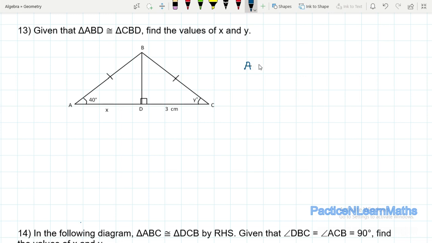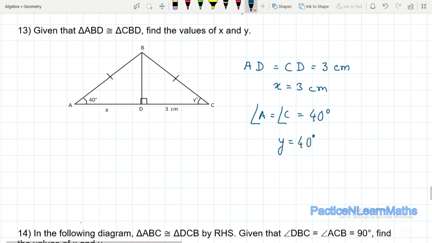So, we can say AD is equal to CD is equal to 3 centimeter. So, x is equal to 3 centimeter and angle A is equal to angle C is equal to 40 degrees. So, y is equal to 40 degrees. And these are the answers.